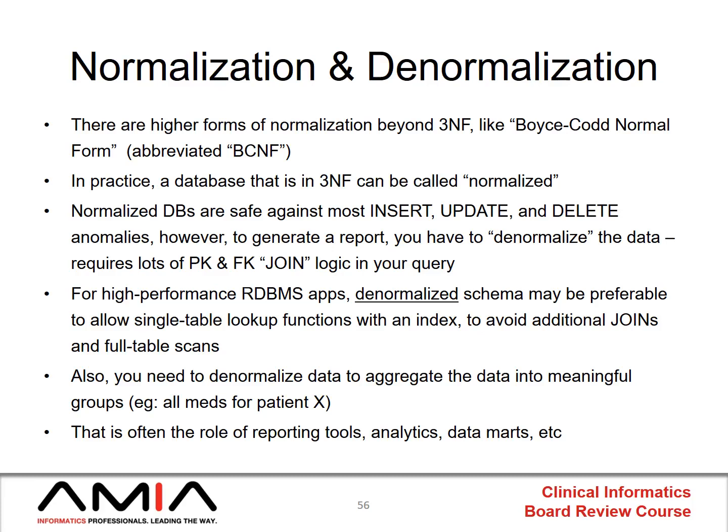And this is the reason why there's a difference between your reporting database, your data warehouse, and your data marts. The more useful you want the data, the more aggregated it needs to be, the more denormalized it needs to be. You can use simpler structures, and you don't care so much about which normal form they're in.